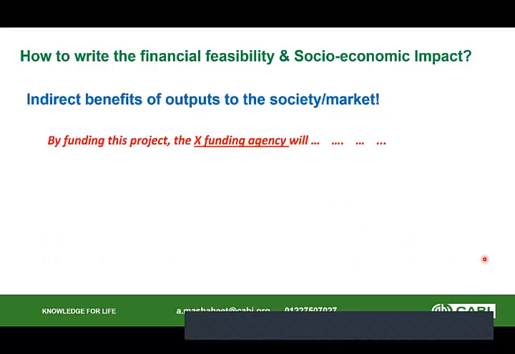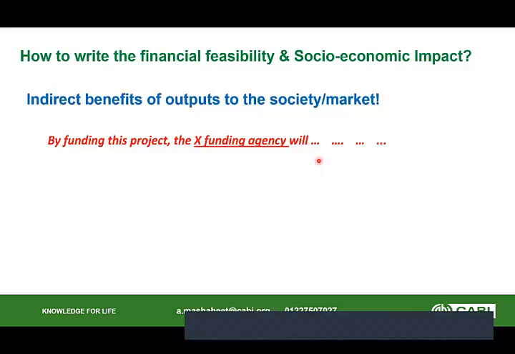Again, we should make sure that we include this statement there. We should make sure that we use it. We say, okay, by funding this project, the X funding agency will achieve 1, 2, 3, 4. You would like to have this statement clearly there, at least to guide the reviewer's eyes to where exactly you have listed your outputs.